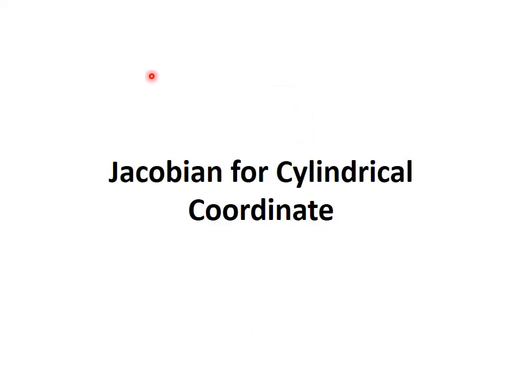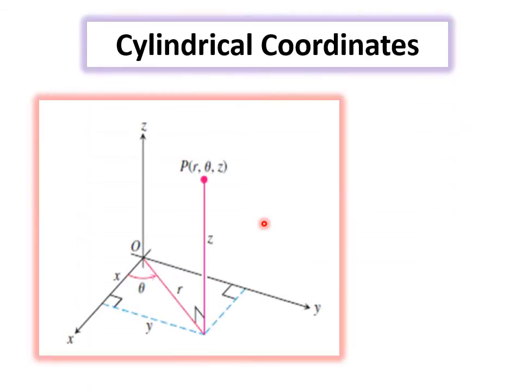Now we will see how to estimate the Jacobian for the cylindrical coordinate system. Before that, we quickly recap how to locate a point in the cylindrical coordinate system. In the Cartesian coordinate system x, y, z, if you want to locate a point (x, y, z), you have to move from the origin towards the x-axis x units, towards the y-axis y units, towards the z-axis z units.